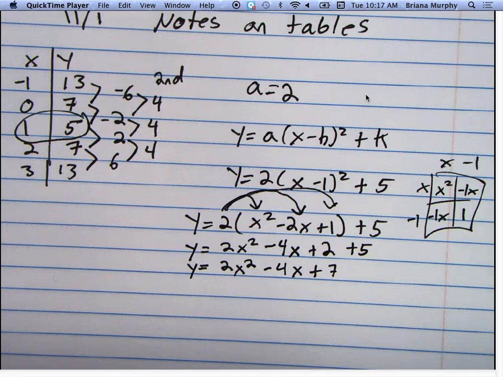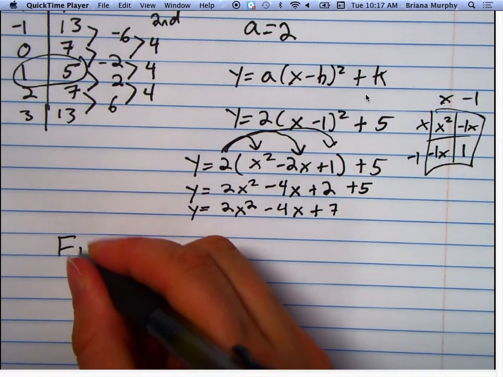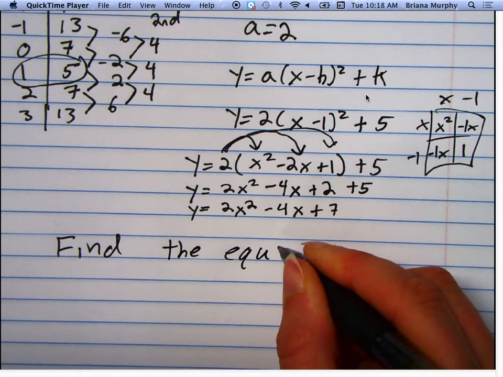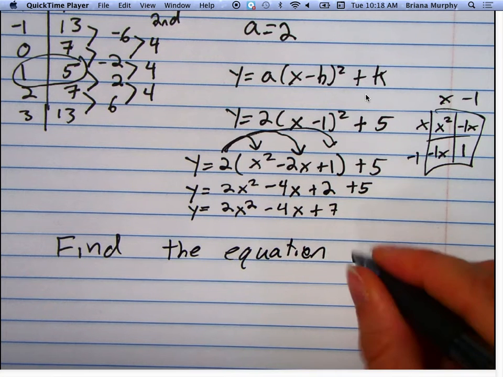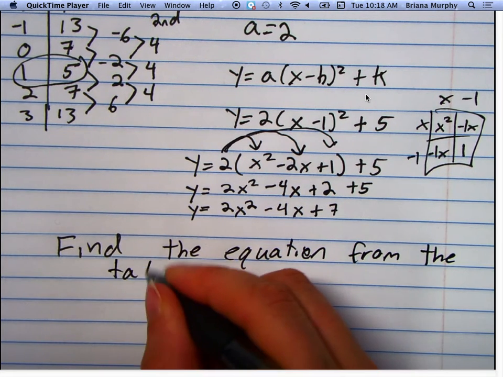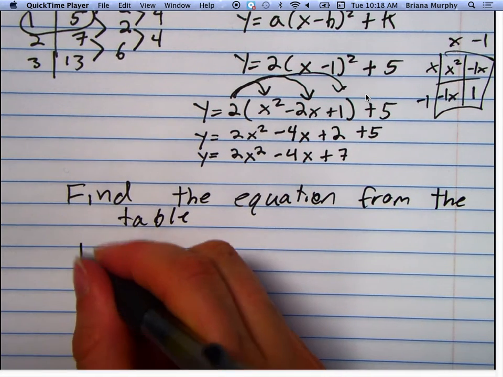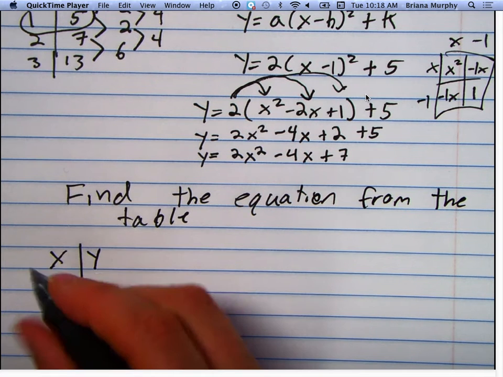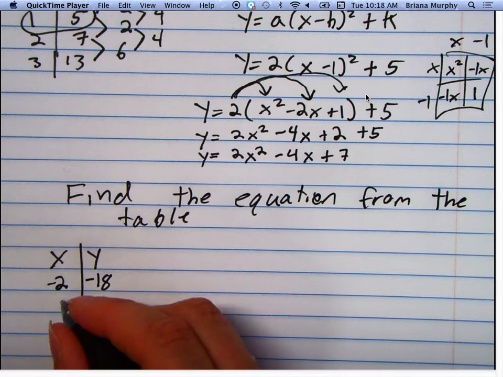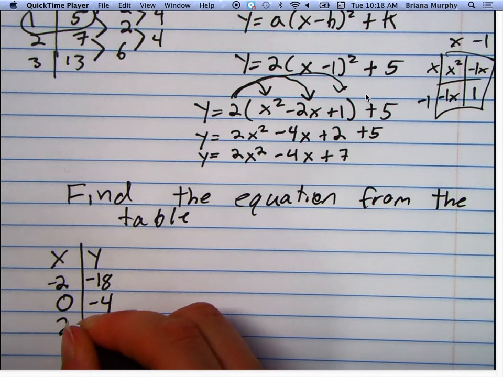Activities. Find the equation from the table. Okay. And our table is, here's my x, here's my y, -2, -18, 0, -4, 2, -14.